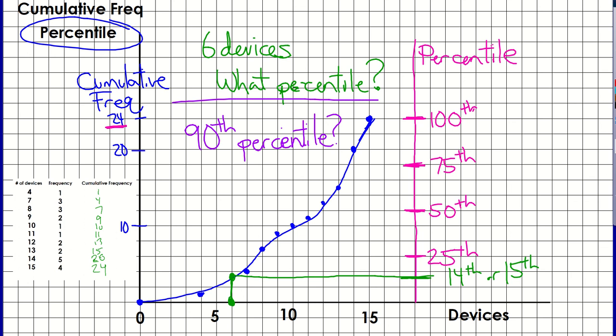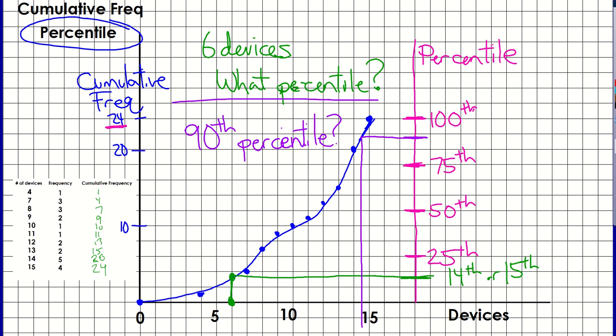That question is just done the backwards way of the first example. I would find approximately the 90th percentile on the axis that gives me the percentiles, and then I would trace that over to my curve, and then I would trace that down to estimate the number of devices.